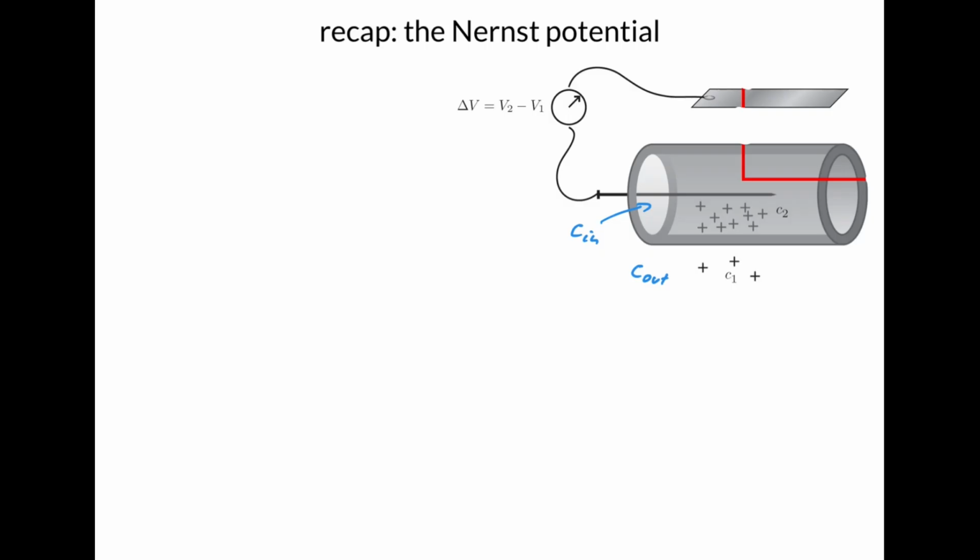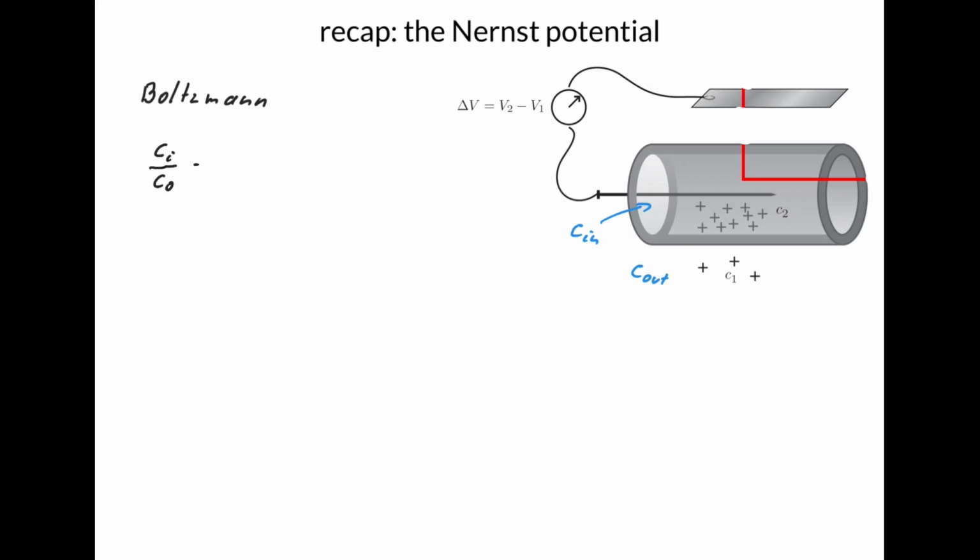Let's recap on Physics of Life 1, where we learned about the Nernst potential. The Nernst potential will develop in a situation where two compartments are separated and the internal and outer side ion concentration is different.